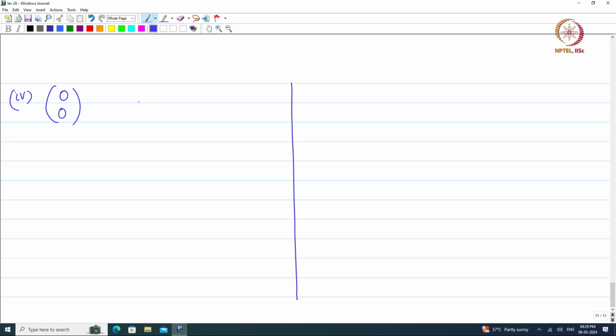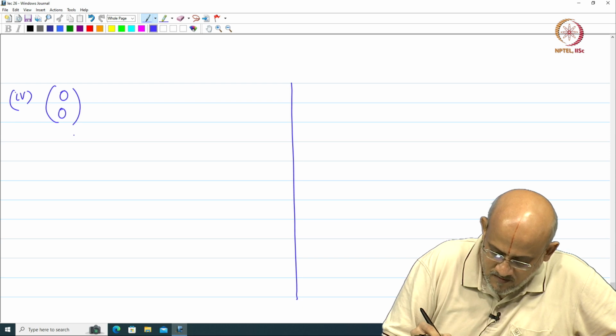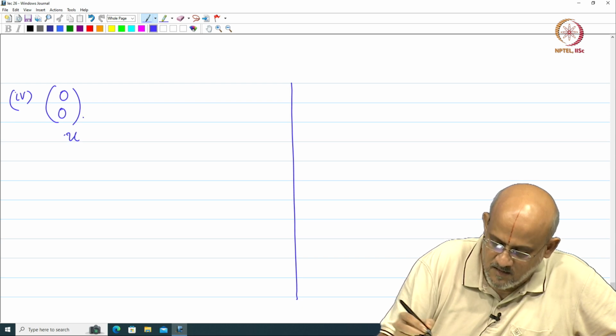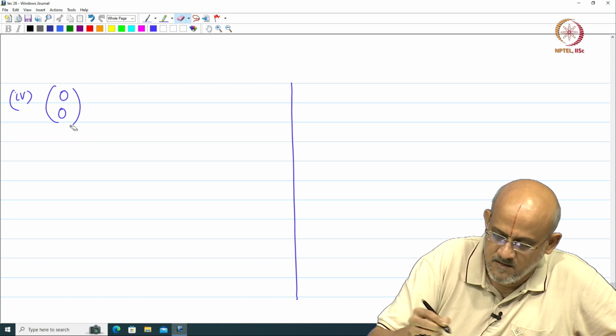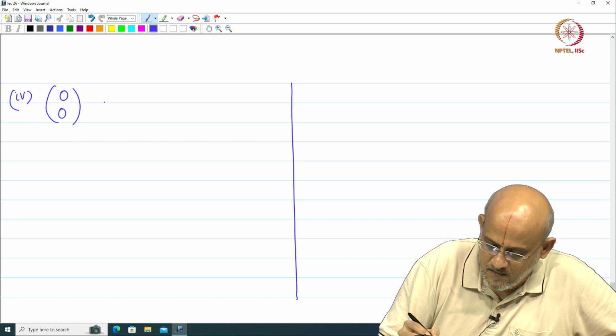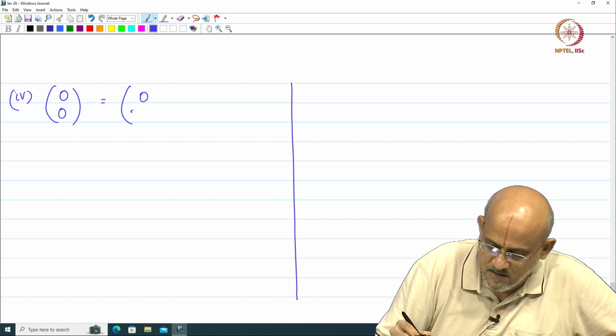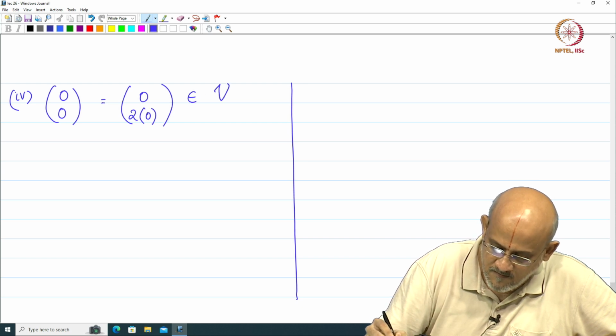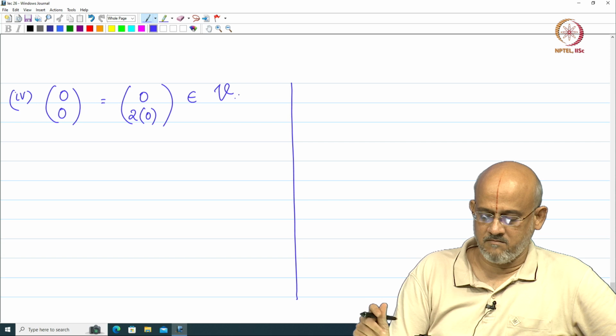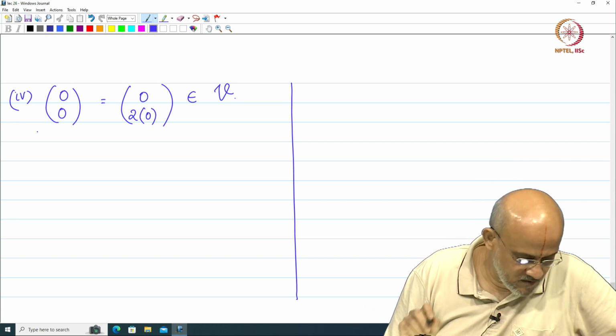For this vector, the 0 vector, I can write this as (0, 2 into 0), therefore this is also there in V, therefore the 0 vector is also present.